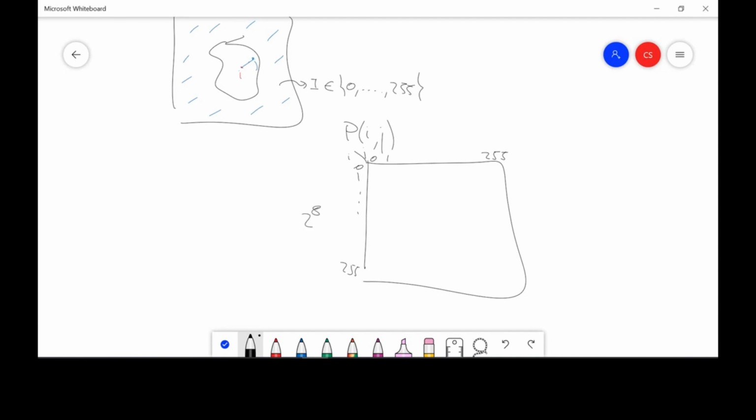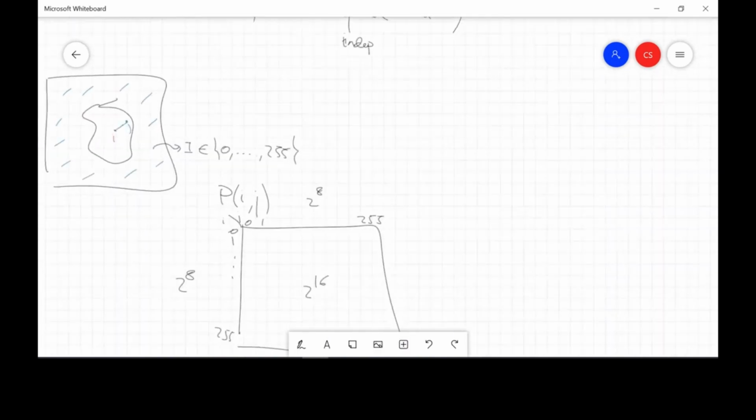It is 2 to the 8, and the product is 2 to the 16. So I have to store 2 to the 16 values. And that for every lag. For every lag, I have 2 to the 16 values. Okay, what about the other one? What about this one?